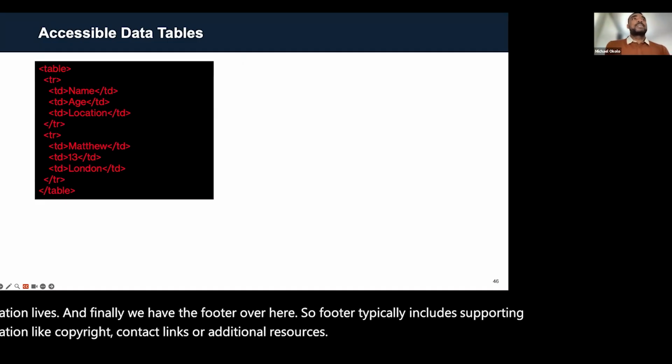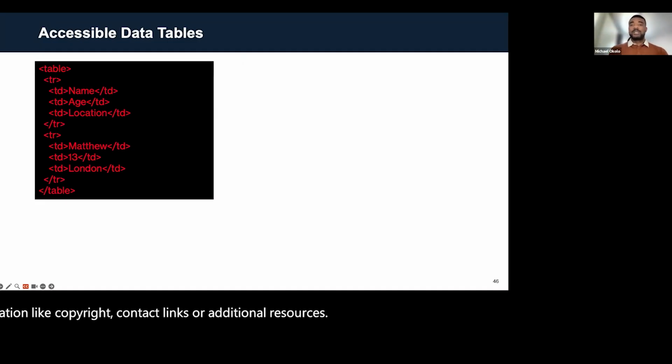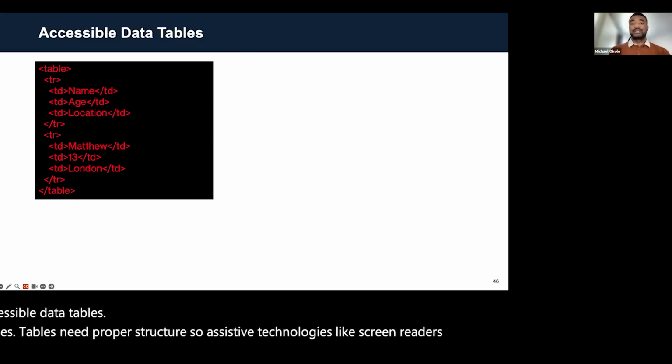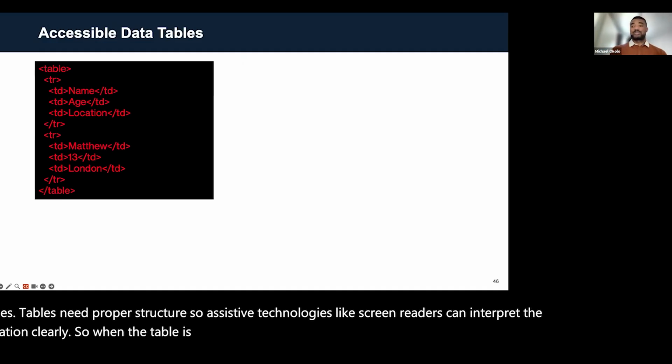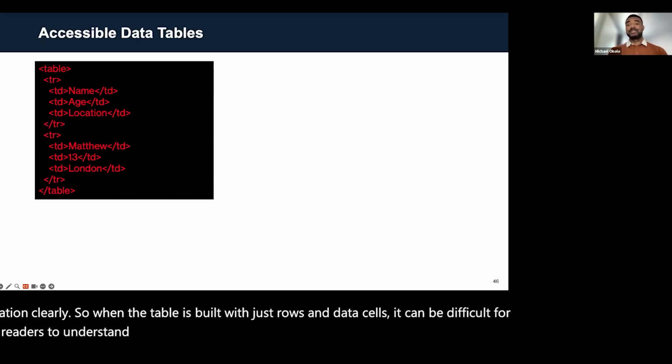So, accessible data tables. Tables need proper structure so assistive technologies like screen readers can interpret the information clearly. When a table is built with just rows and data cells, it can be difficult for screen readers to understand the relationship between the data.